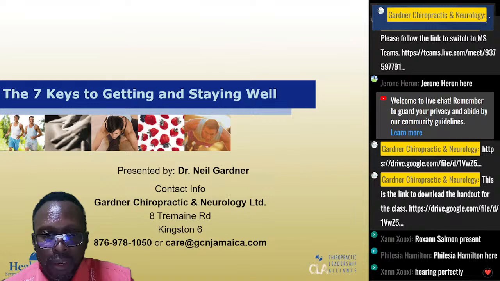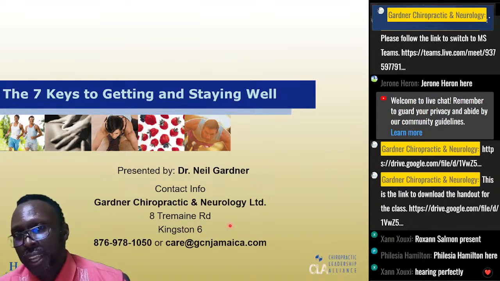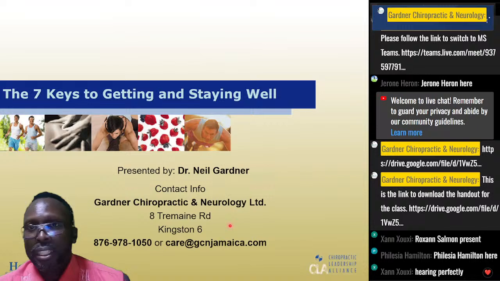All right, I'm satisfied that everyone who needs to hear is hearing. So let us begin. The topic for today's presentation is the 7 keys to getting and staying well.